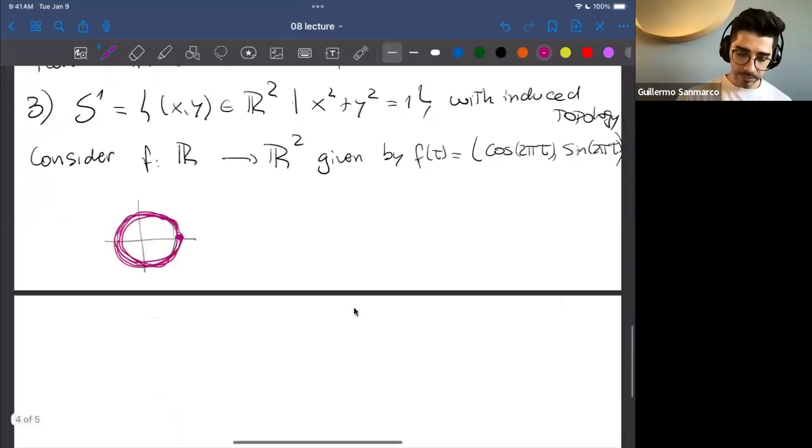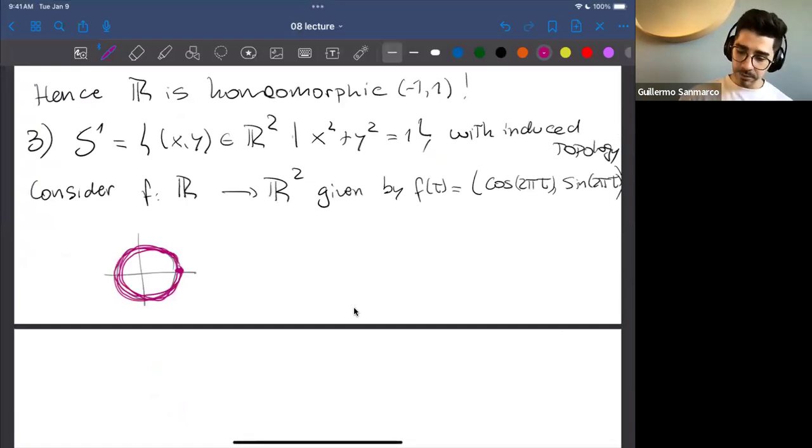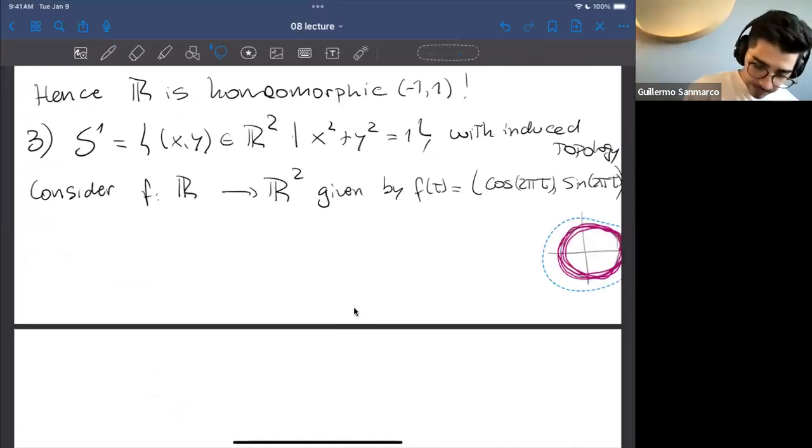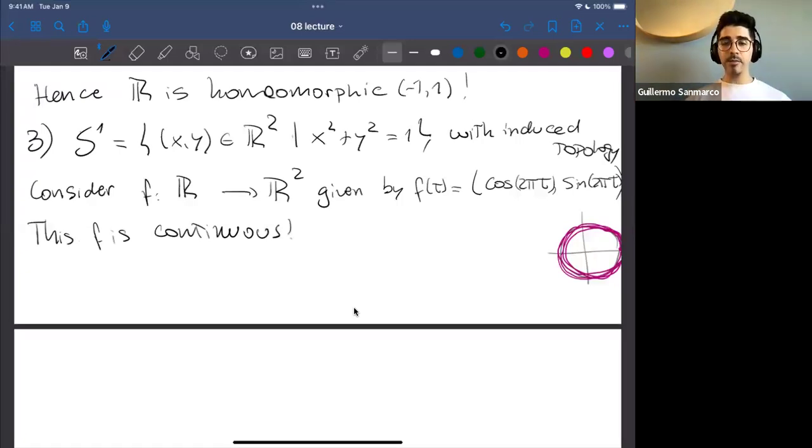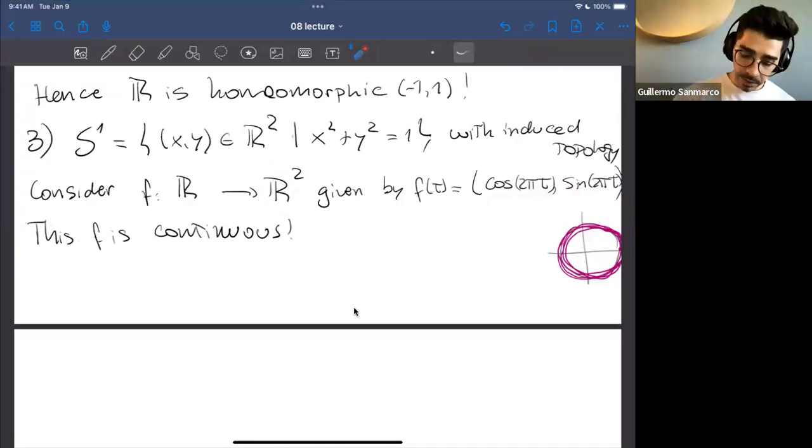Instead of considering this function, which, by the way, is continuous, and that's very important, let me write that: the function is continuous. Why is that the case? Because it's a function going into a Cartesian product, and we proved last time that such a function is continuous precisely when the two coordinate functions are continuous.